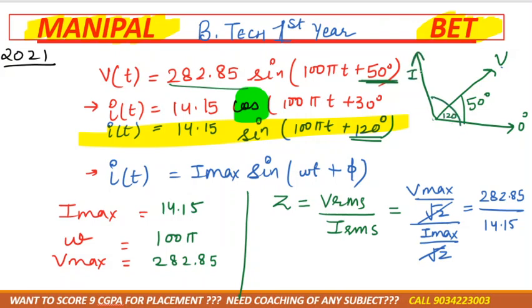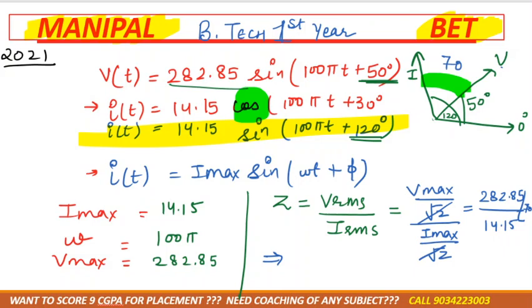Now we need to get the angle between the voltage and the current, that is the impedance angle. I told you phi is the angle, that is how much, 120 minus 50, how much is it? 70. Okay, so now we got the angle as 70 degree, right or not? You have to draw this and then only you will get it.